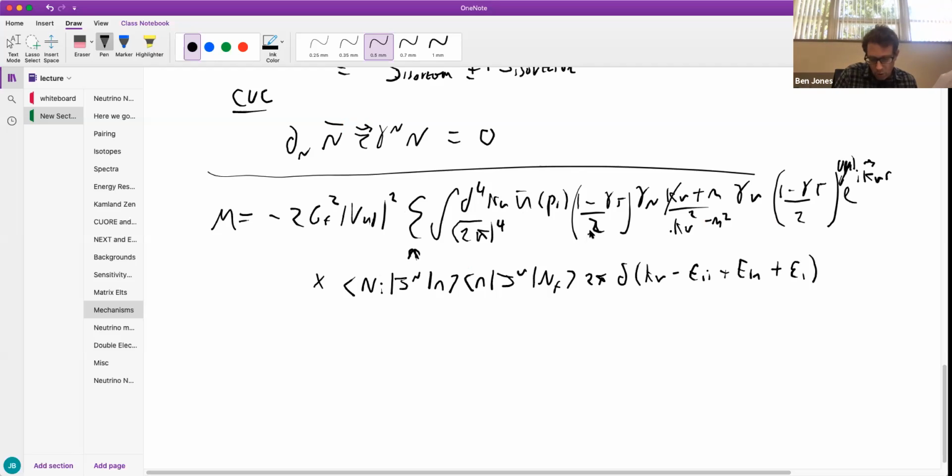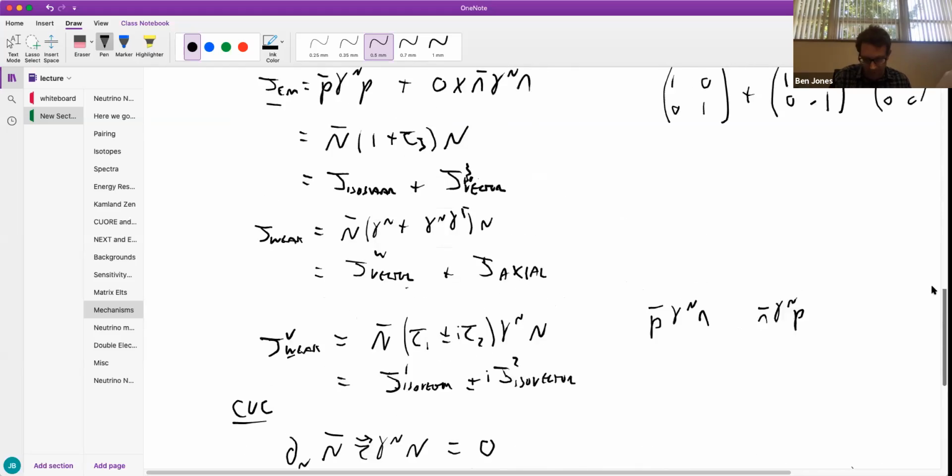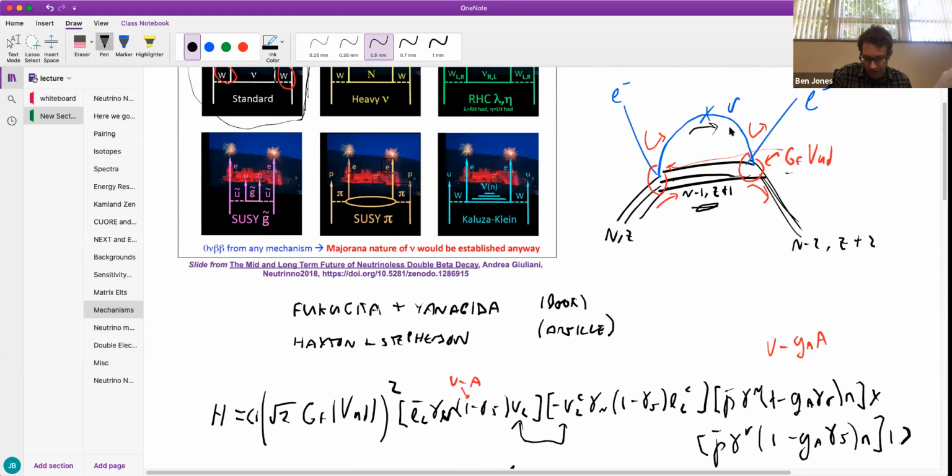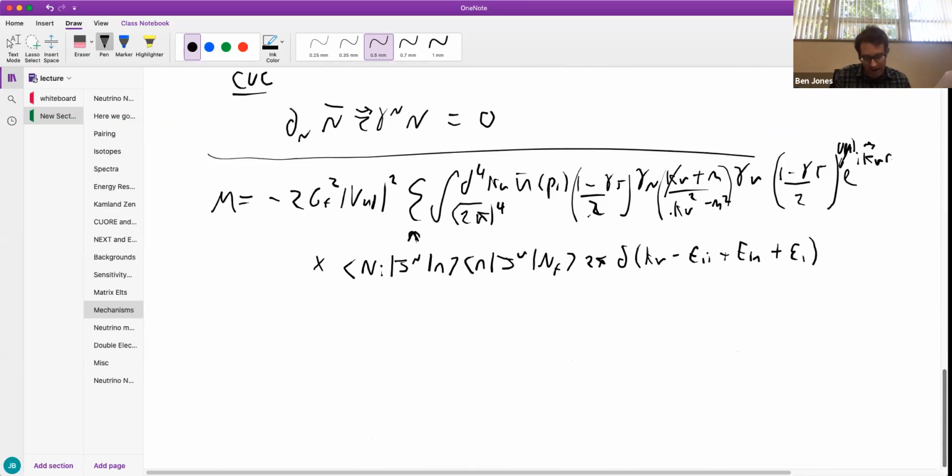We have weak vertices here. This is the propagator. Well, this and this exponential actually both come from the propagator of the neutrino in the middle. So if you look at Fukugita and Yanagida, they explain how to get the propagator for Majorana neutrinos. It comes out looking basically the same as the propagator for Dirac neutrinos, although it didn't have to, but they show that it does. And that's what this is.